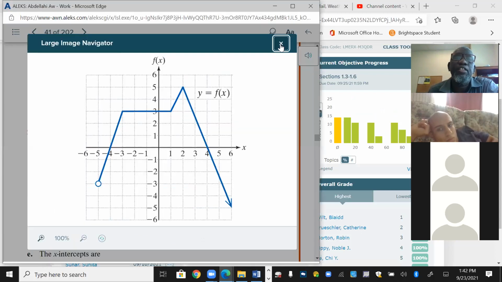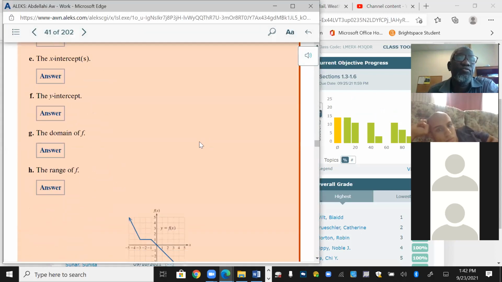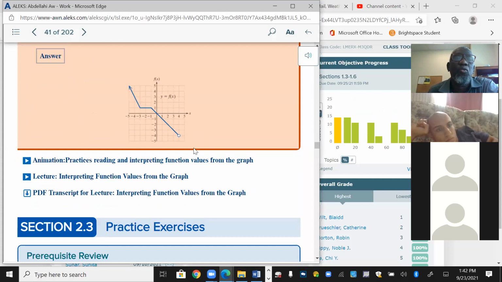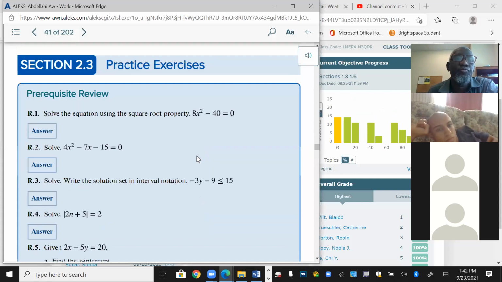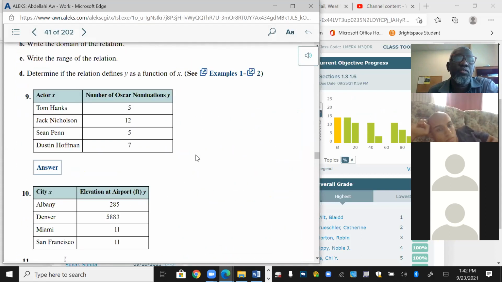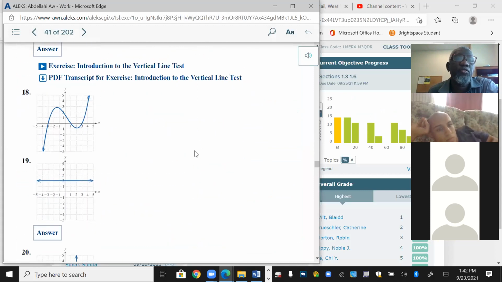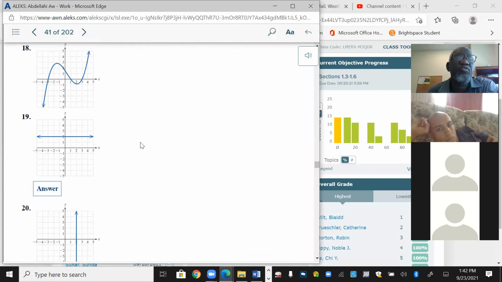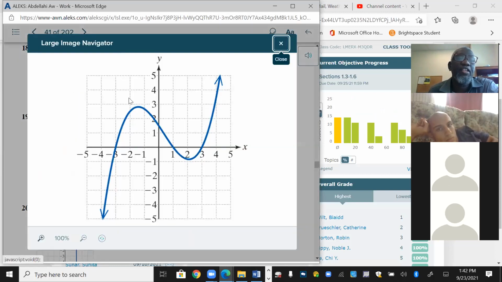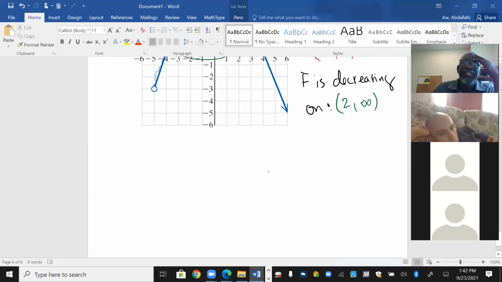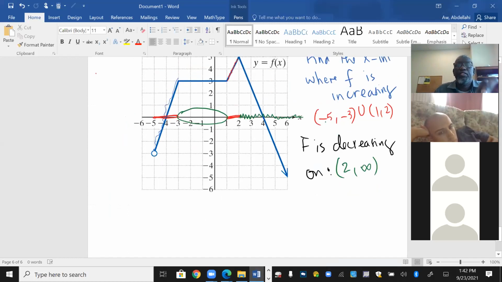So let me see if I can get you another graph. Okay, so this graph right here, tell me f is increasing on what interval and f is decreasing on what interval for this graph, please, everybody.